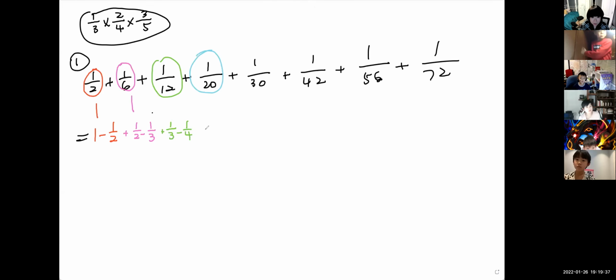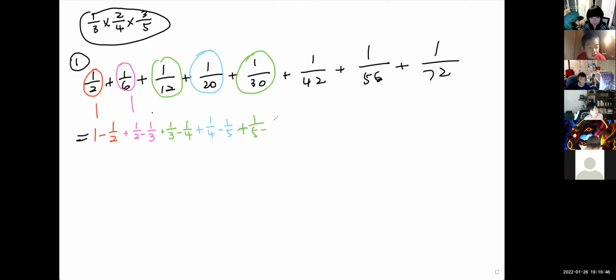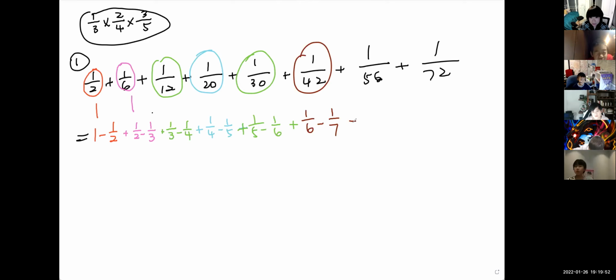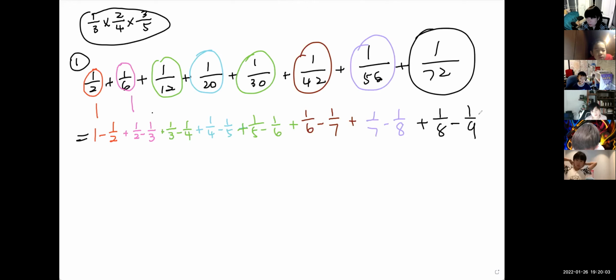And 1/20 equals what? 1/4 minus 1/5. And next one equals 1/5 minus 1/6 plus 1/6 minus 1/7 plus 1/7 minus 1/8 plus 1/8 minus 1/9. Everybody correct?